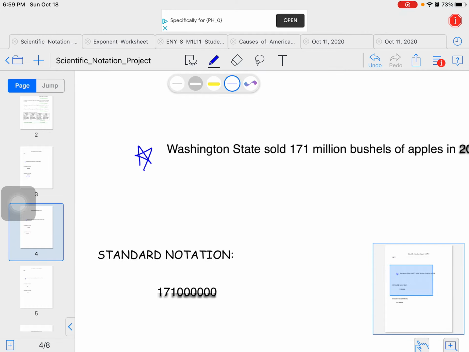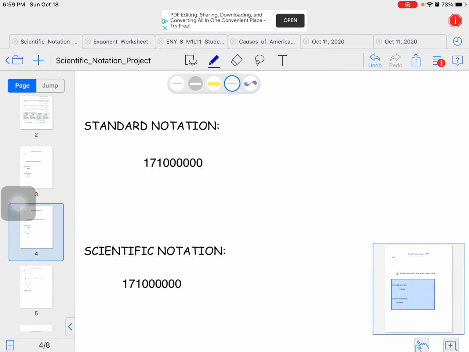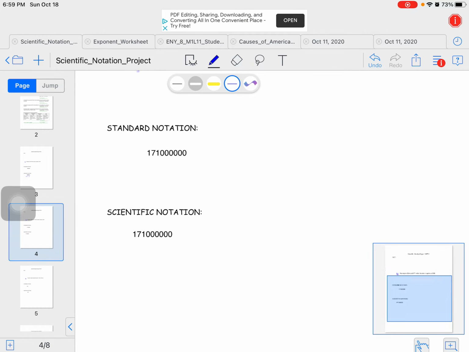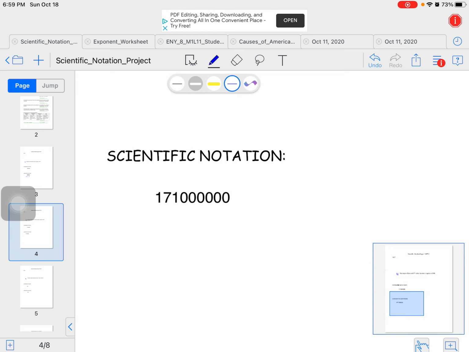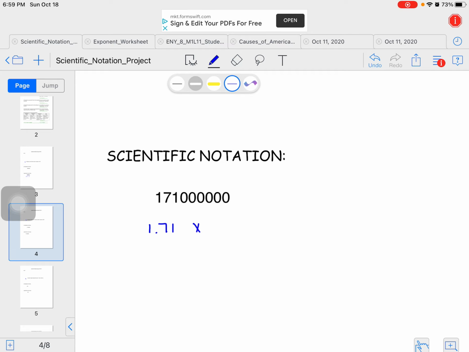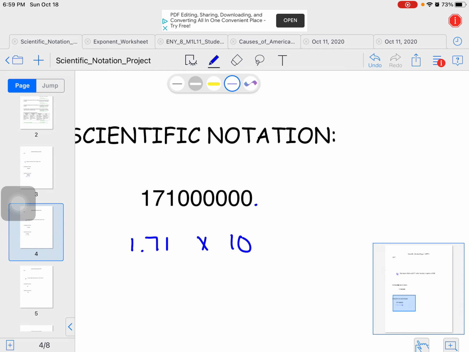Next fact is 171 million, and I copied the number here. I know that my number has to be a number, decimal, and the remaining numbers times 10 to the something power. I'm going to take my invisible decimal that is at the end and see how many times I'm swooping over.